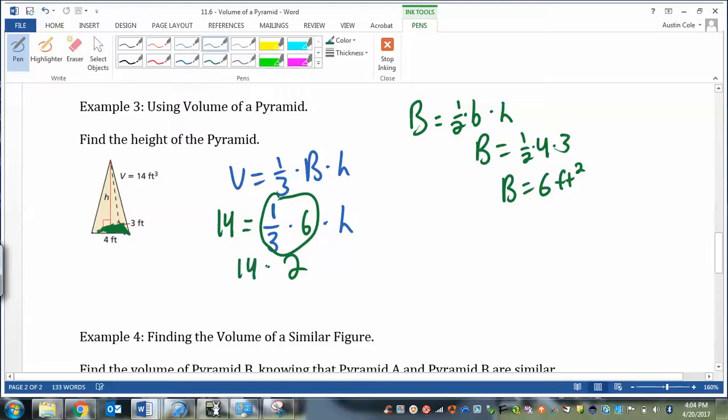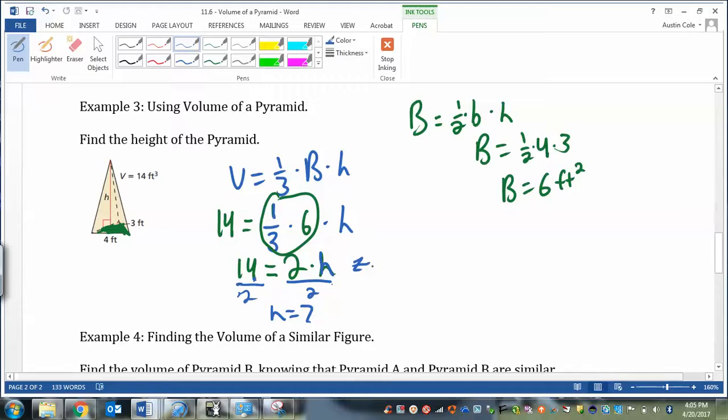So 14 equals 2 times H. You can obviously divide by 2 on both sides and get 7, right? If you reason through it, 2 times some number equals 14. You know that 7 times 2 is 14, so this H has to be 7. And like I said, you can still divide by 2 and get H equals 7. You'll get the same answer, but sometimes this goes faster if you just reason through it.